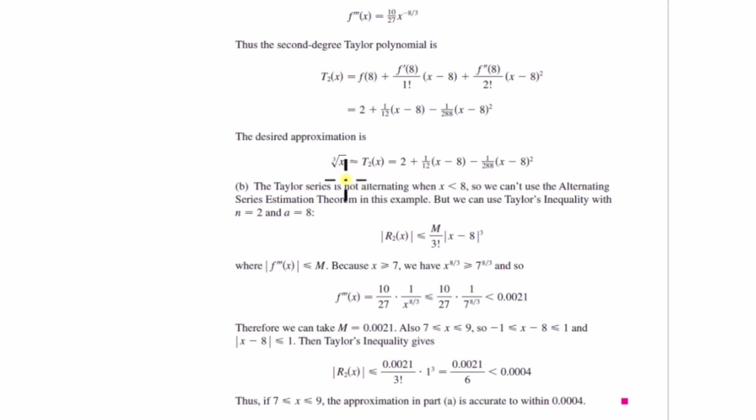What they said there was that if for any x value between 7 and 9, no matter what you plugged in, you would get an alternating series. So we're thinking about the series.